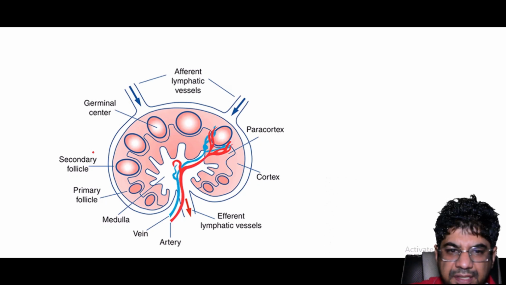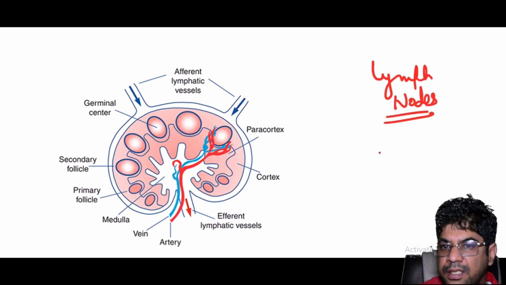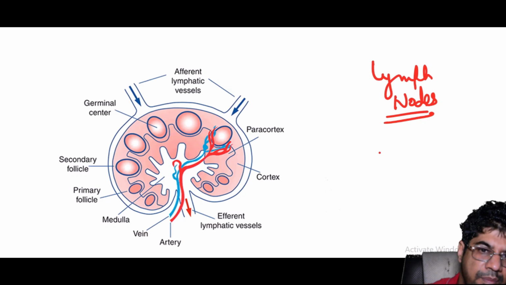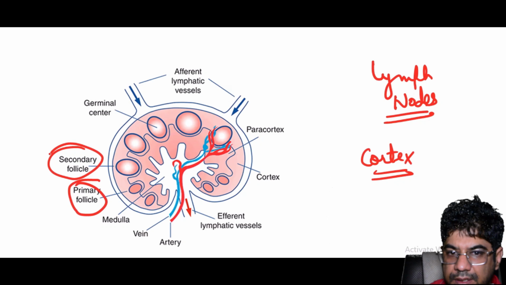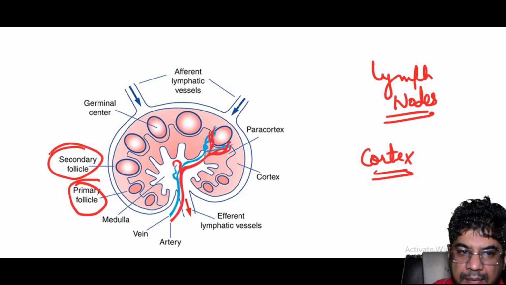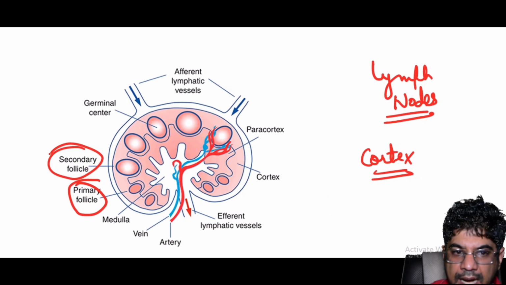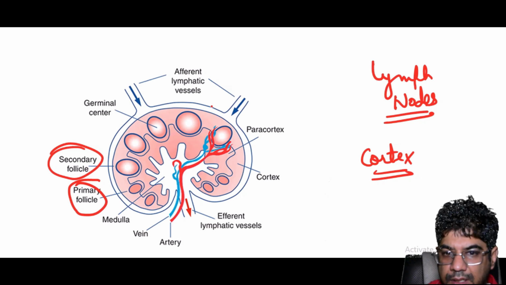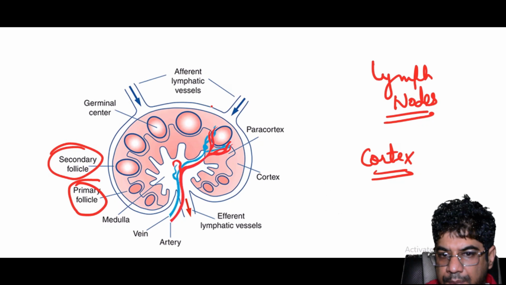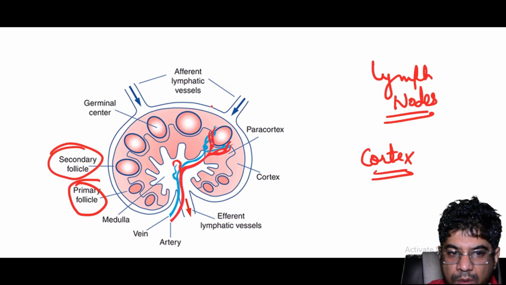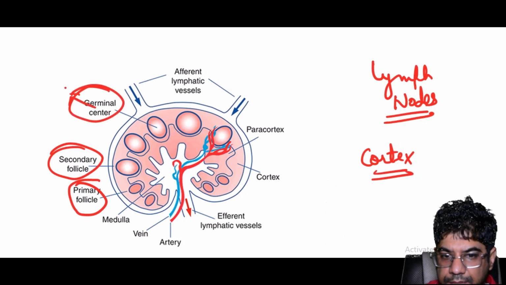Now let us discuss the structure of the lymph node. The lymph node, remember, has a cortex. The cortex contains primary and secondary follicles. The primary follicles develop first and they proliferate to form the secondary follicle.